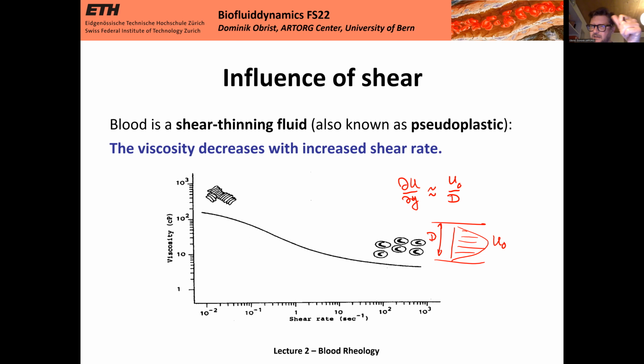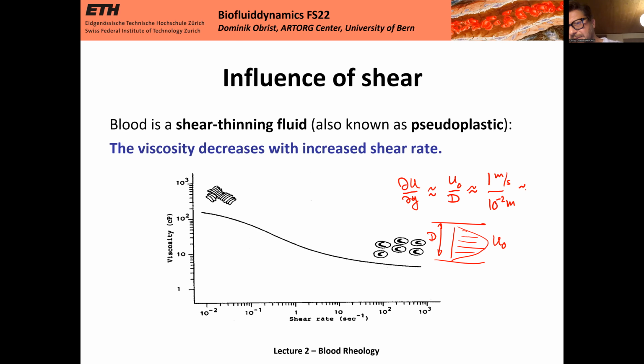Now, we're really just talking about an order of magnitude estimation. And if we look at the aorta, for instance, where we have velocities on the order of 1 meter per second, probably a bit higher than that, maybe 2 meters per second peak velocity, and the diameter on the order of centimeters, so again, it's just an order of magnitude calculation.